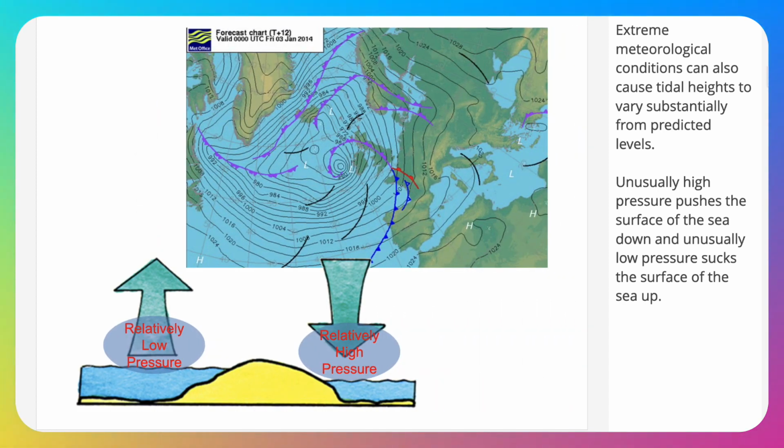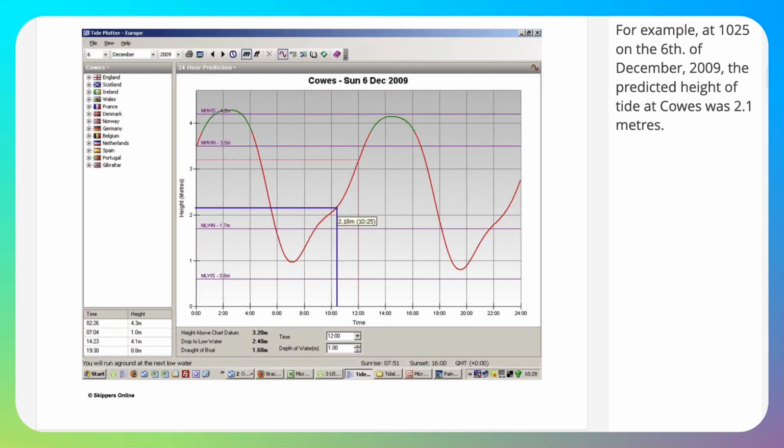Extreme meteorological conditions can also cause tidal heights to vary substantially from predicted levels. Unusually high pressure pushes the surface of the sea down, and unusually low pressure sucks the surface of the sea up. For example, at 10:25 on the 6th of December 2009, the predicted height of tide at Cowes was 2.1 metres.